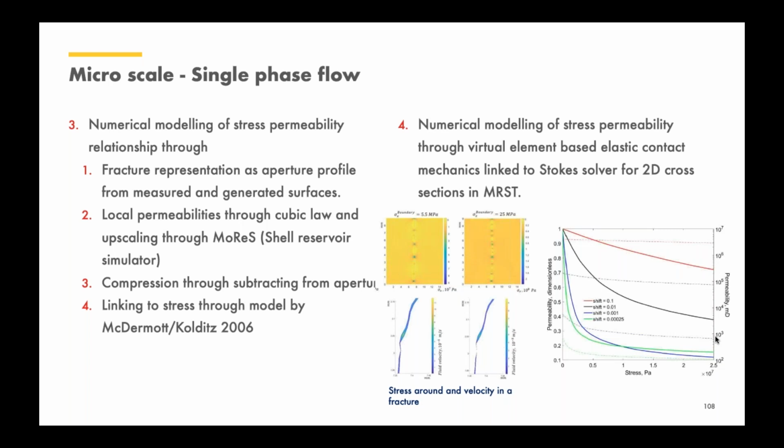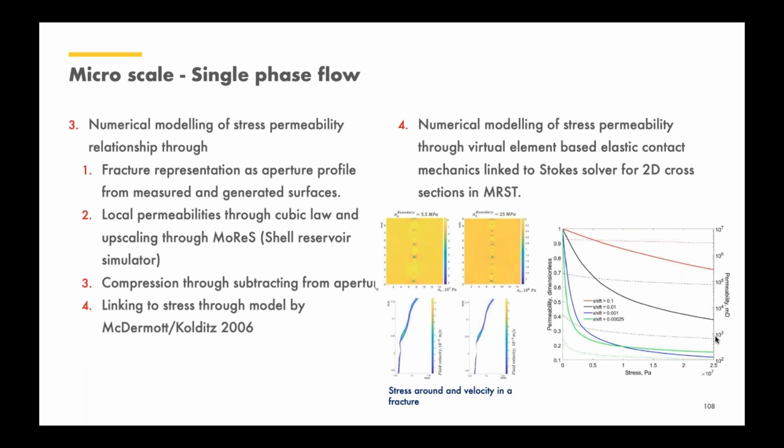In terms of varying complexity, we first started looking at 2D cross-sections of fractures and investigated the impact of different roughness characterizations, and how that translates into a permeability response. For that, we developed our own coupled mechanics flow solvers in the MATLAB reservoir simulation toolbox.